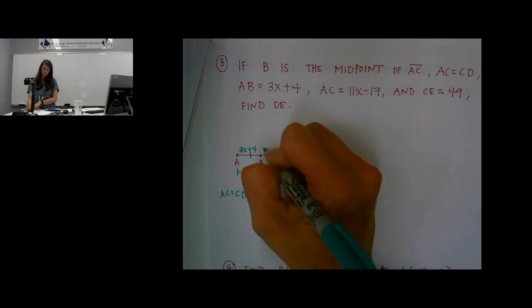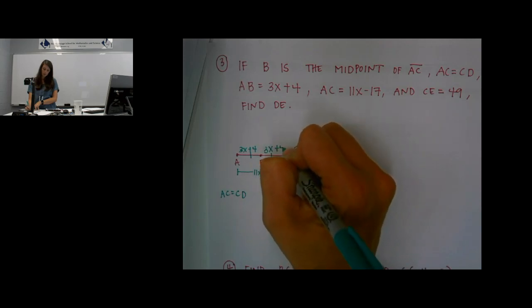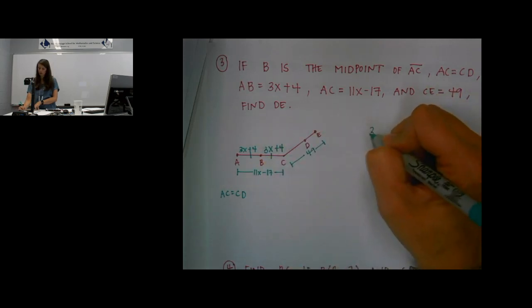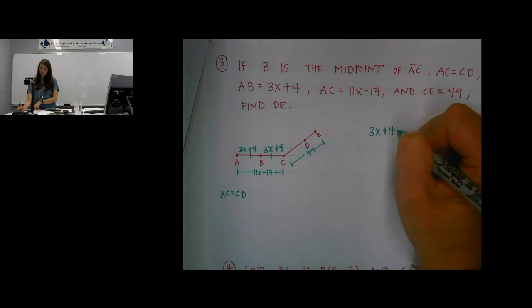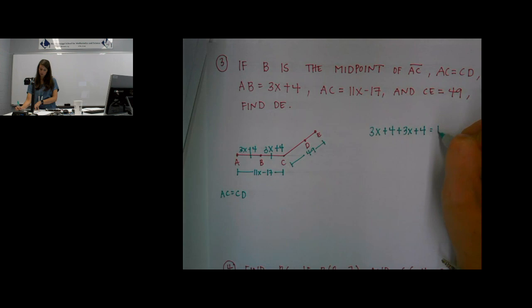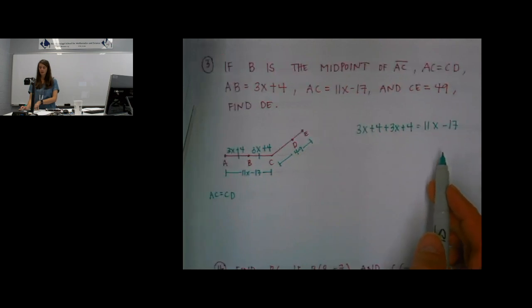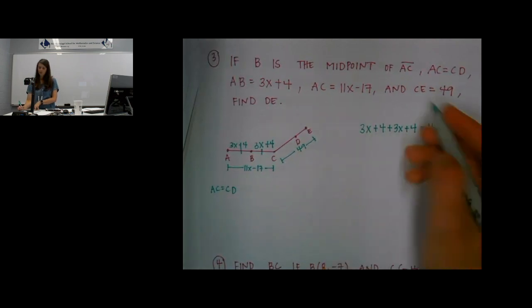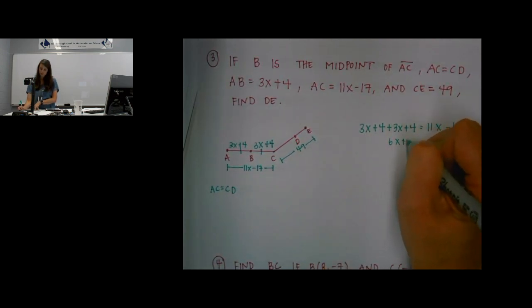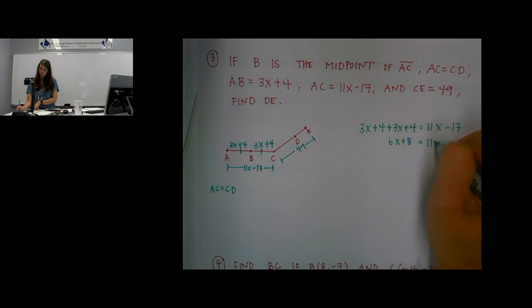I could also know that this is 3x plus a 4. Okay, so 3x plus a 4 plus 3x plus a 4 is going to be equal to 11x minus a 17. So this will help me solve for x here. So 3x plus 3x, so that's a 6x plus an 8 is equal to 11x minus 17.